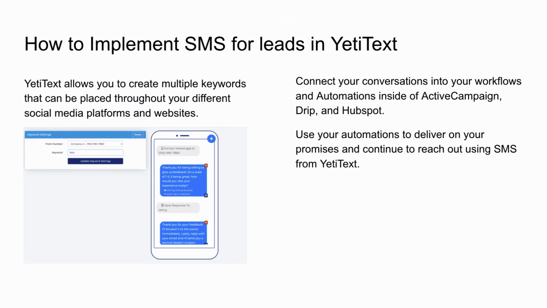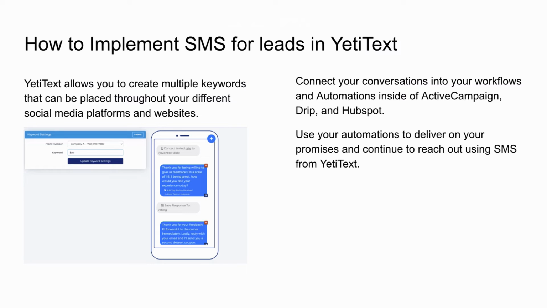And the way it works is you text this keyword, and I can build out my conversation and save those responses. In this little conversation that you can see off to the left, I have the example of text the keyword rate. In this example, it's asking for feedback: give us a scale 1 through 5, 5 being great, on your experience, and then I'm saving that response into an area of my CRM.